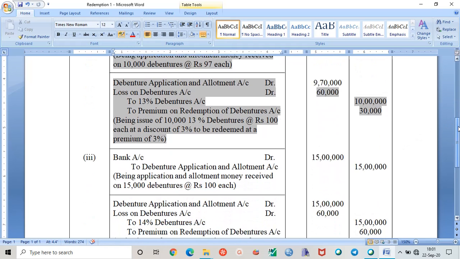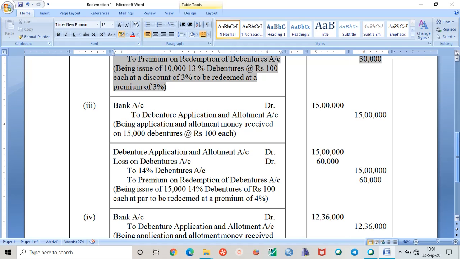Now let us move on to the third case. Here the debentures are issued at par. C Limited issues 15,000 14% debentures of rupees 100 each at par, to be redeemed at a premium of 4% at the end of the sixth year. The debentures are issued at par, that is the full face value: bank account debit to debenture application and allotment 15 lakh.